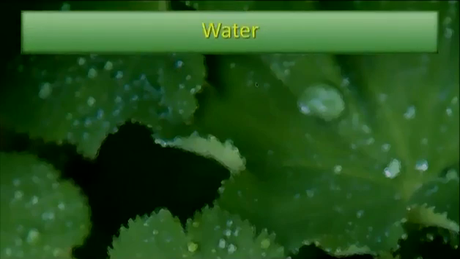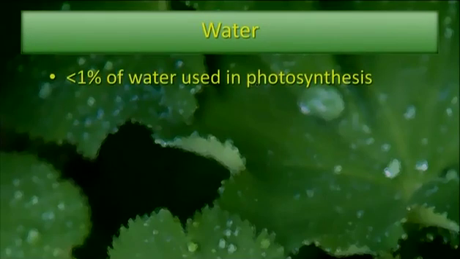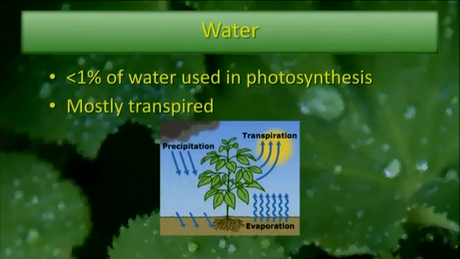Now water, the second part of our equation. Less than 1% of the water taken up by the plant is actually used in photosynthesis. Most of the water is transpired. Here's a nice image showing precipitation from the clouds in the form of rain, and it hits some bare soil as well as plant roots in the soil.